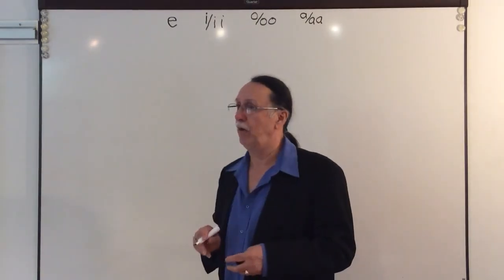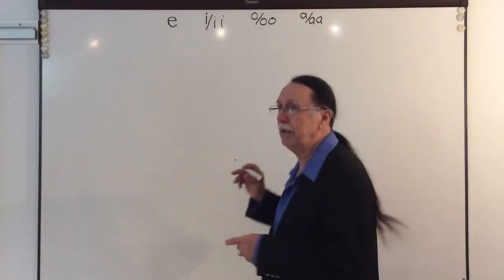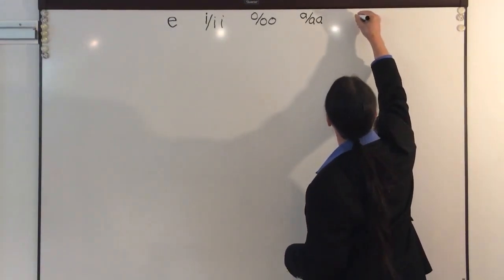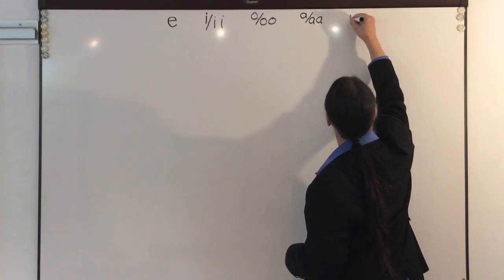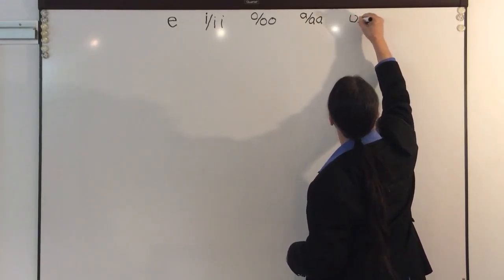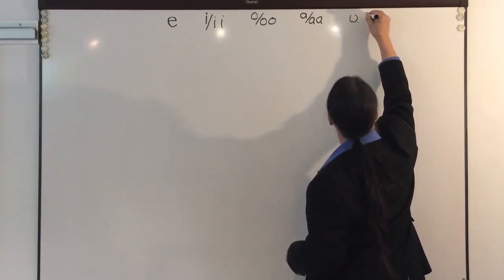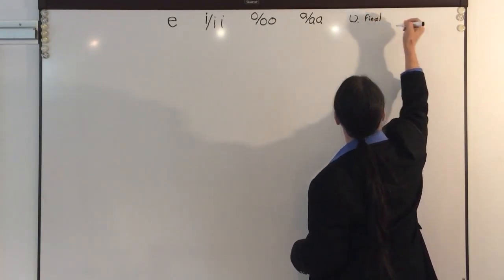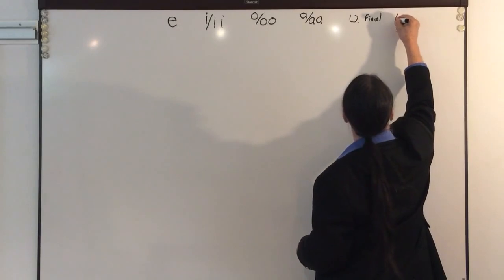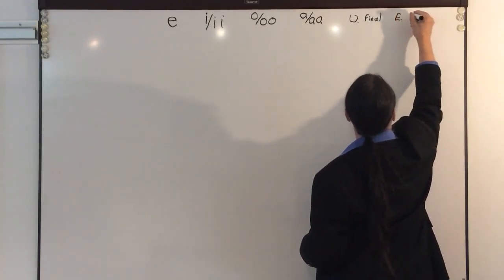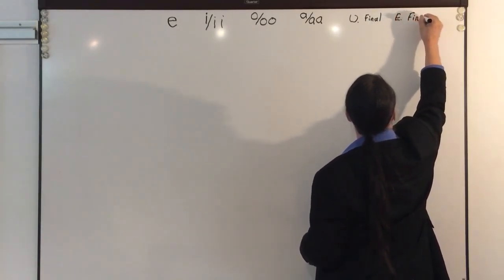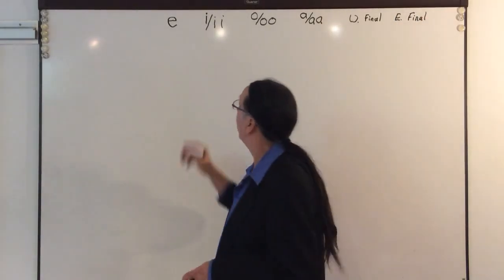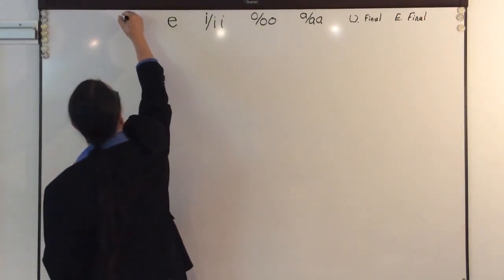Okay, now, there's going to be finals for each of these. There's going to be Western finals. I'm just going to put a W for West and write finals. And then I'm going to put E for Eastern finals. And I'll explain a little bit more of that later as we go along. And over on this side, I'm going to put the consonants.